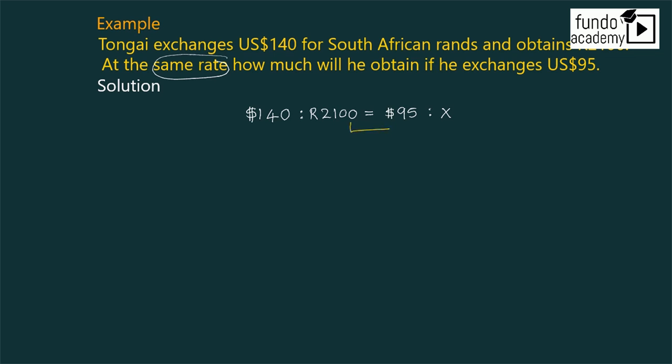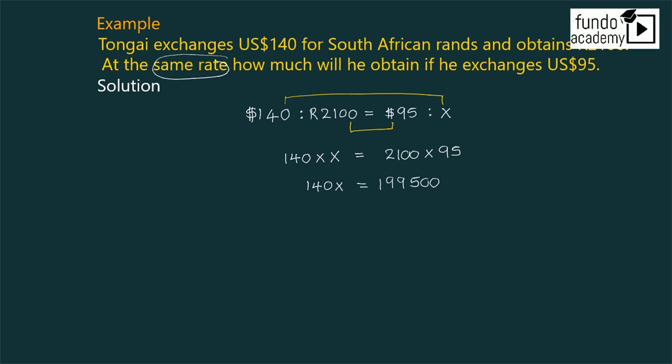So we know that the product of the means should be equal to the product of the extremes, right? So we multiply 140 by x being equal to 2,100 by 95, that product right there. We simplify, we have 140x is equal to 2,100 by 95. What we get there is 199,500.